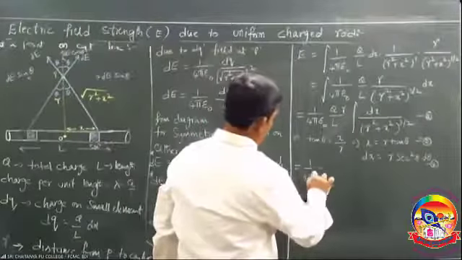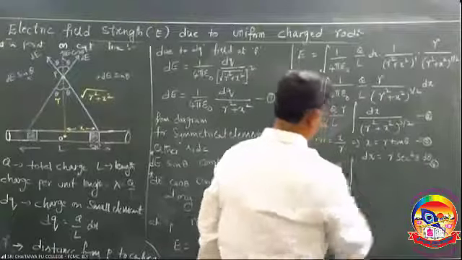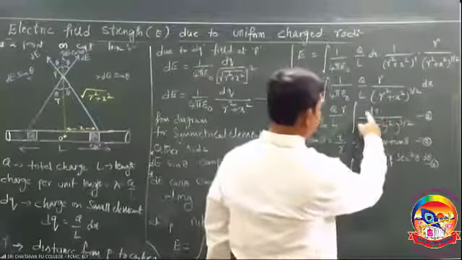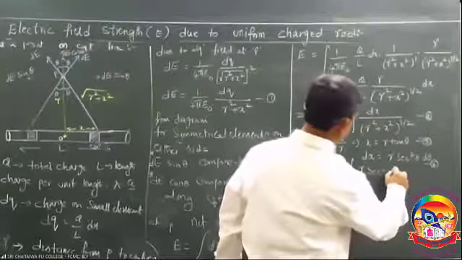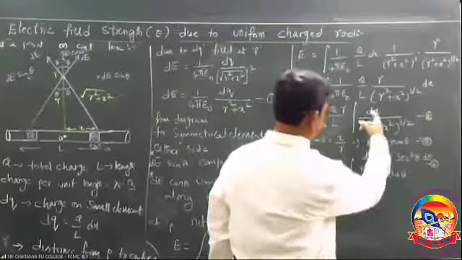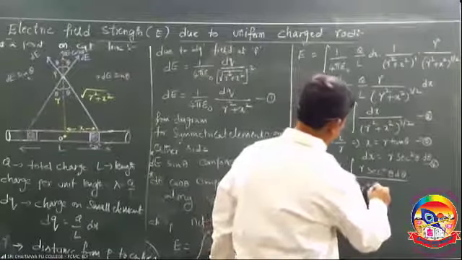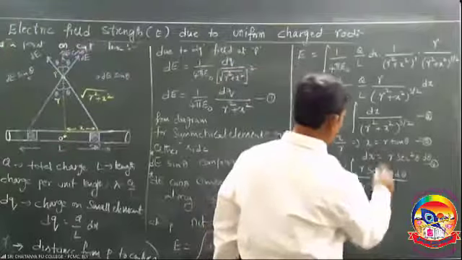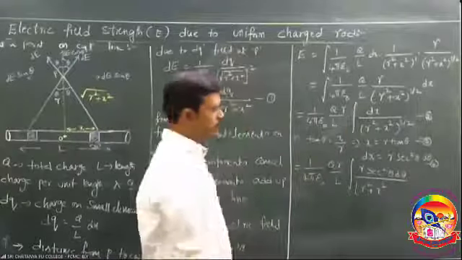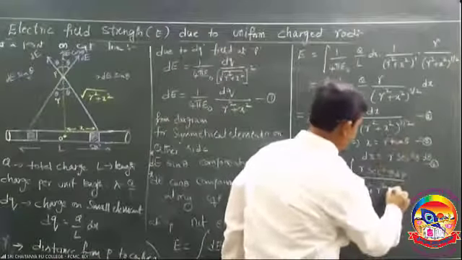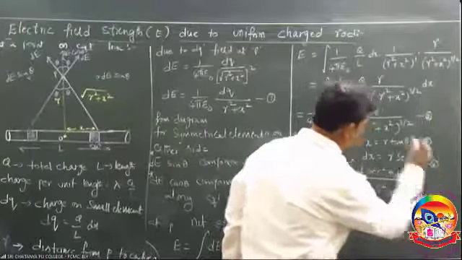1 by 4 pi epsilon naught q r by L integral dx, that is r secant square theta d theta, by r square plus x square, where x is r tan theta, so x square means r square tan square theta, whole power 3 by 2.